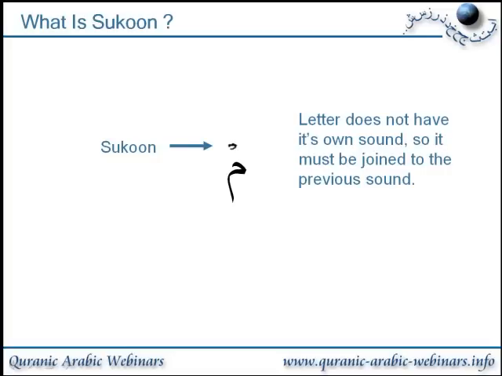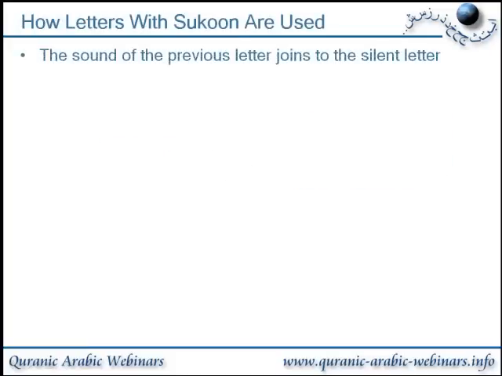What we mean by that is this meem has no fatha, kasra or dhamma or any other sound, so it cannot have a sound of ma, mi, mu, etc. So the little sukoon means this letter has no sound of its own, and this letter must be joined to whatever sound comes before it. So the sound of the previous letter joins to the silent letter.